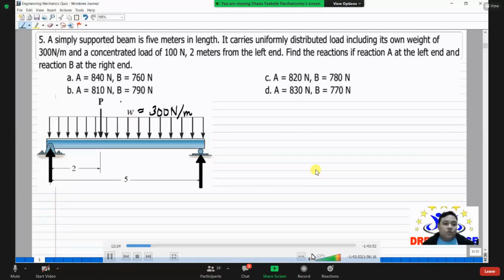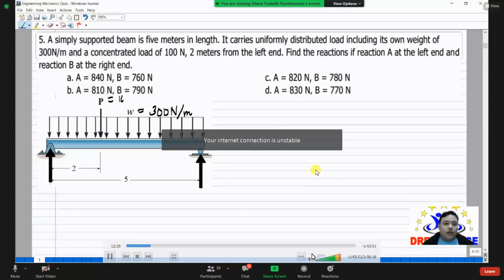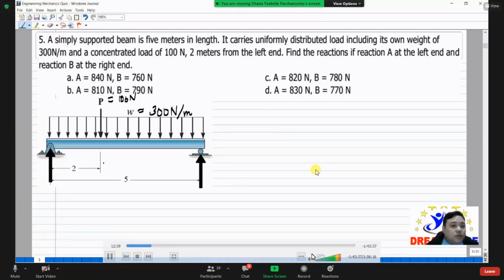So any concentrated load of P equal to, just you can see here at the left end, reaction A at the left and the reaction B at the right end. So ang hahanapin natin is si RA at saka si RB.